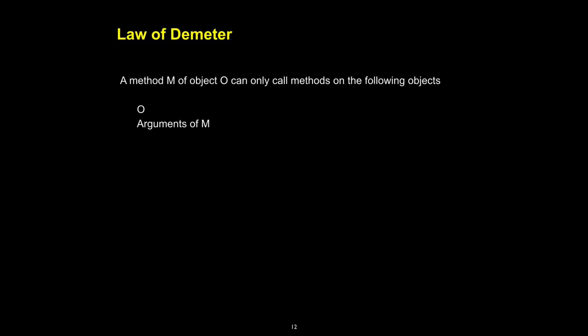Any argument you pass into that, right? Any object you create inside M, you can then interact with. Any fields inside of M, you can interact with them. And any sort of global variable.